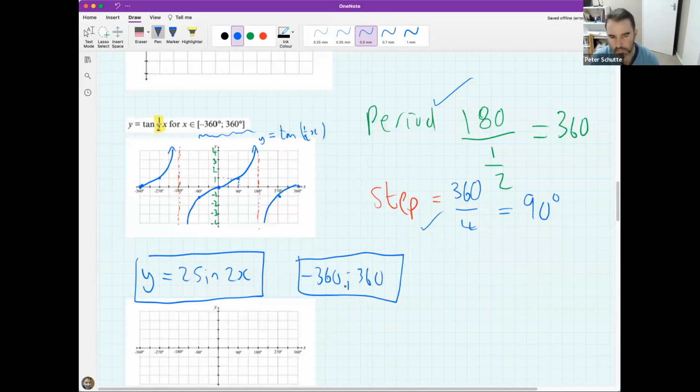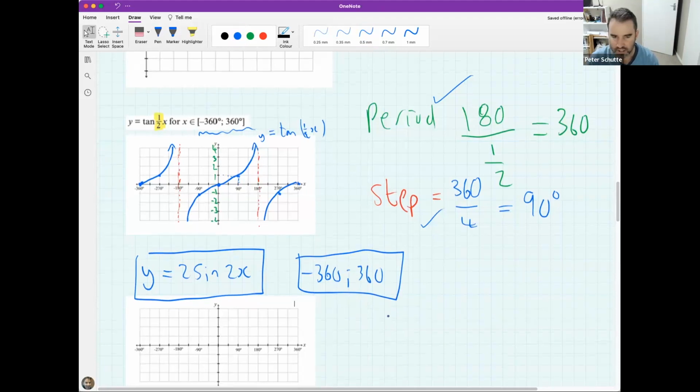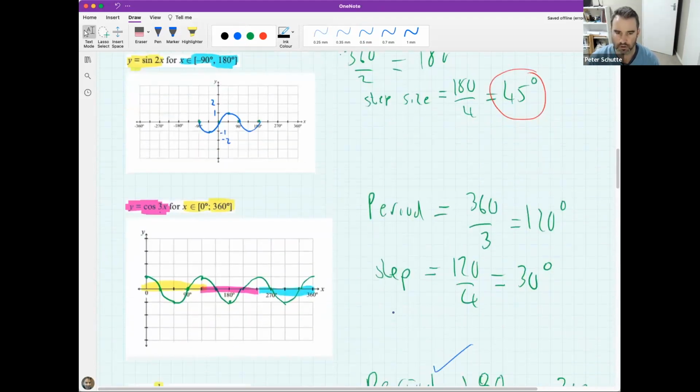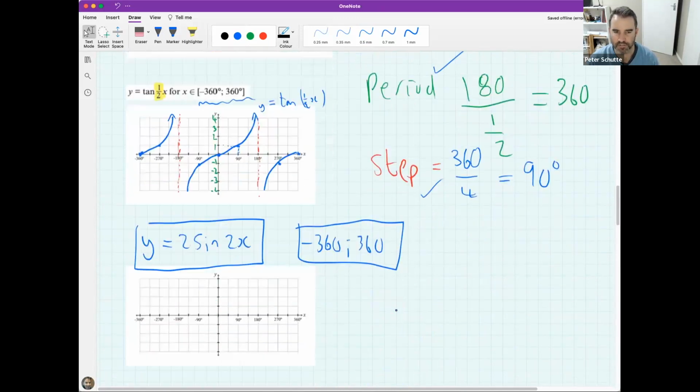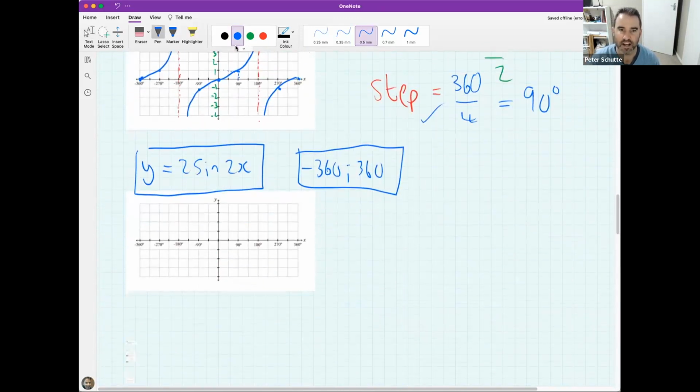In the next lesson, we can make up whichever ones we like, but now I've changed the number in front of the sine, which is an amplitude change, but I've also changed the period of the graph. Can you draw that trig graph for me? On the question of no number after the tan, sine: you have to have something sine and then a number, or sine and then a variable.